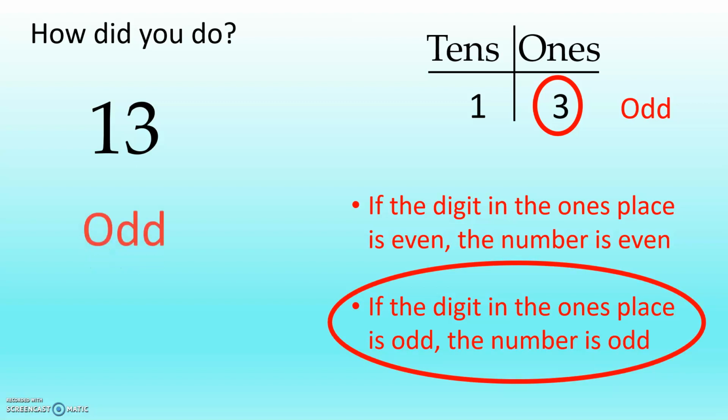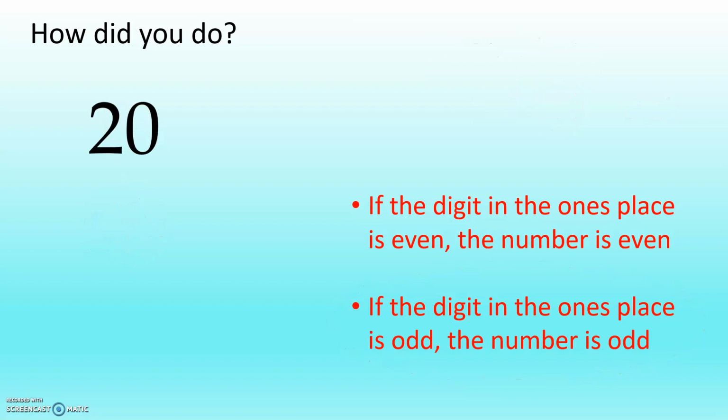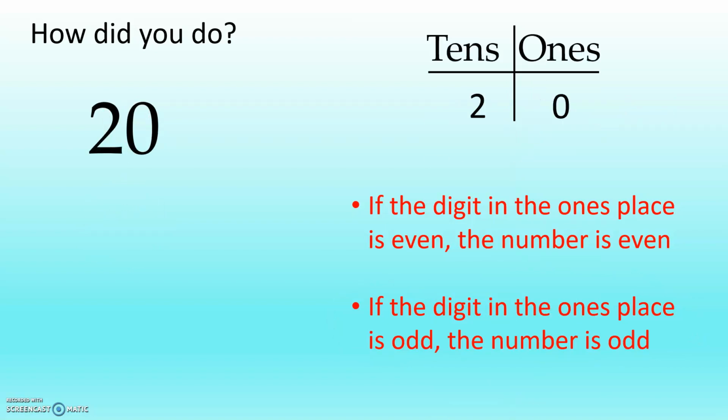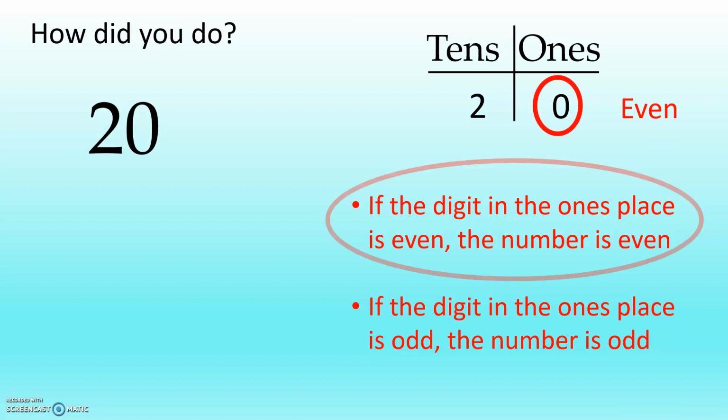So 13 is an odd number. Next one, 20. Same thing. Did you make tens and ones? 2 tens, 0 ones? Okay, 0 is an even number. And according to our rules, if the digit in the ones place is even, your number is even. So 20 is an even number.